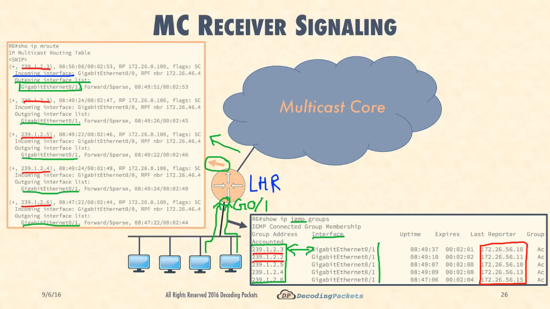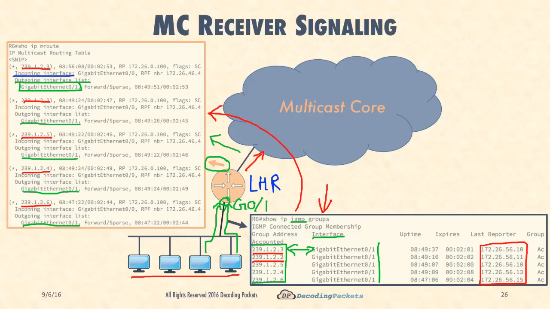So ultimately, we have taken all of the information that was received from my end receivers, the actual receivers who want to receive that traffic. I populated this table here, and then the router took all of that information and converted it into information that populates the multicast routing table. And it will also be turned into multicast routing protocol information and sent towards the multicast core.